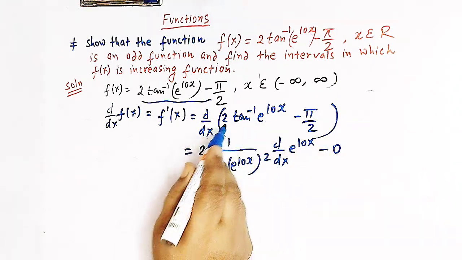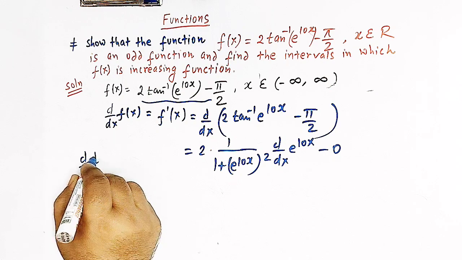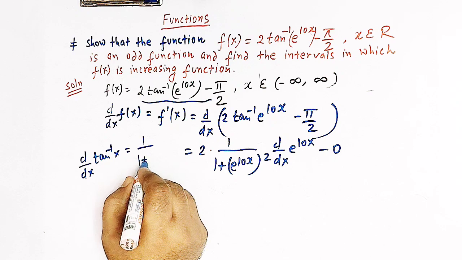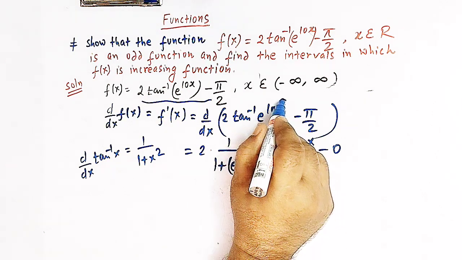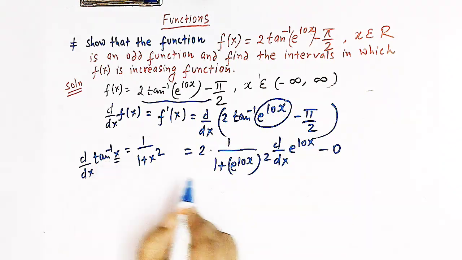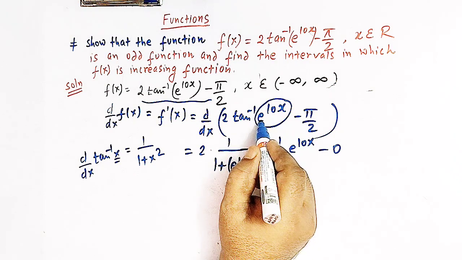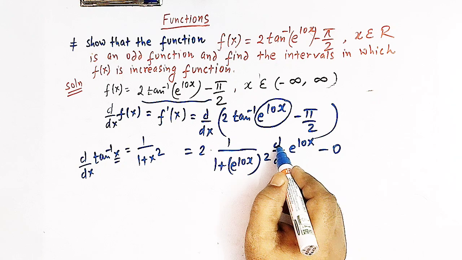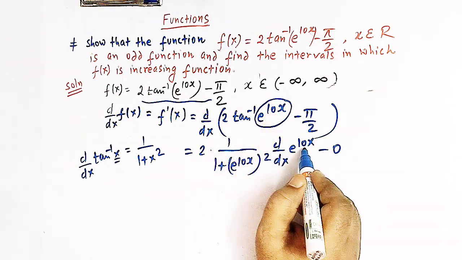So here we have used an important result, that is d by dx of tan inverse of x is equal to 1 over 1 plus x square, right? So taking this entire term, that is e raised to 10x as x, we have 1 plus x square, so x is e raised to 10x, so we have e raised to 10x square, and then by chain rule we have to find the derivative of e raised to 10x, right?